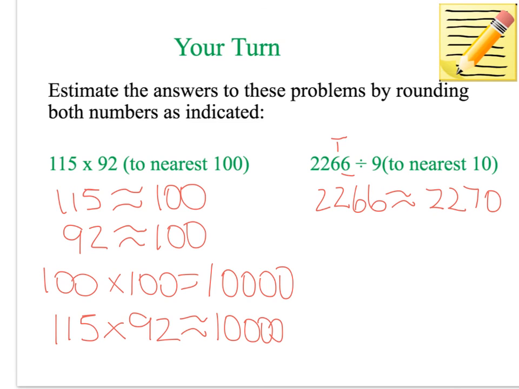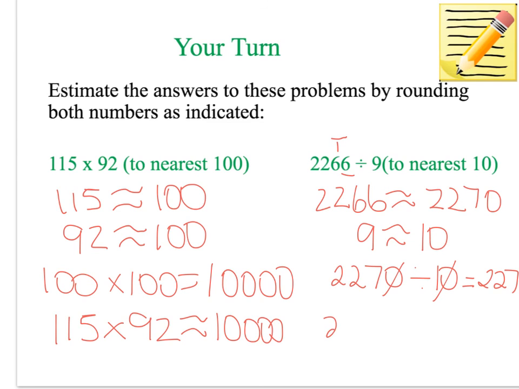And then the 9, well, we're rounding that to the nearest 10, so it's rounded to 10. So we've got 2,270 divided by 10 equals, so pretty much we just cross the 0 off, 227. So 2,266 divided by 9 is approximately equal to 227.